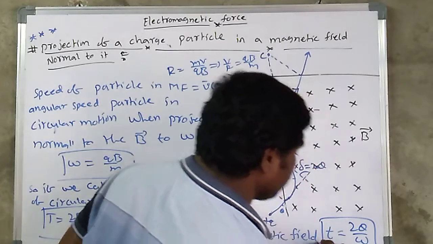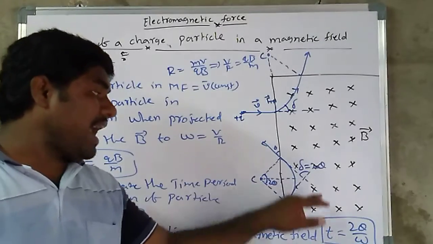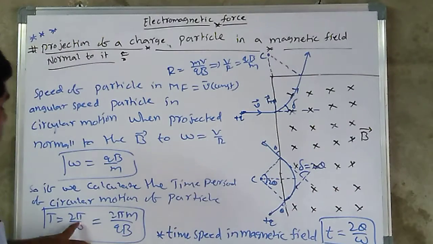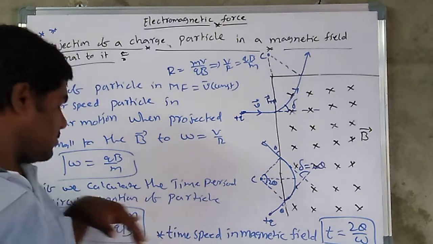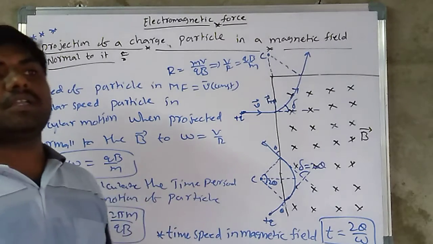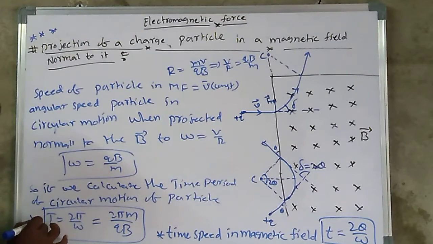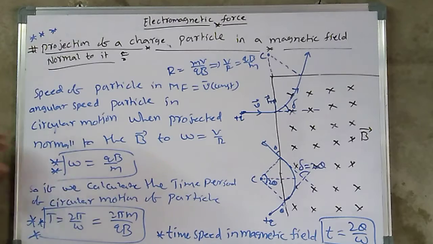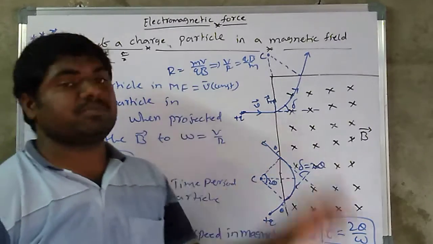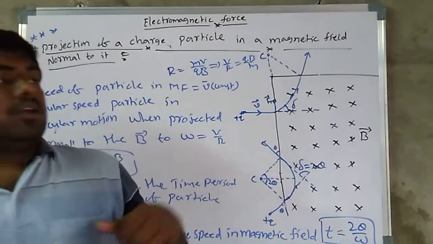This one is also very important. This small t is nothing but the time spent in the magnetic field only, while the other is the time period of circular motion of the particle. These three formulas and the previous formula are very important. Please follow them.